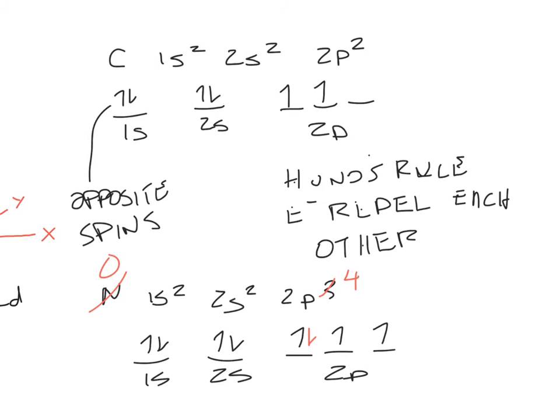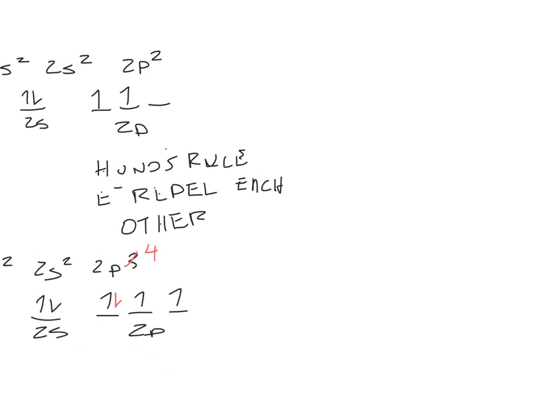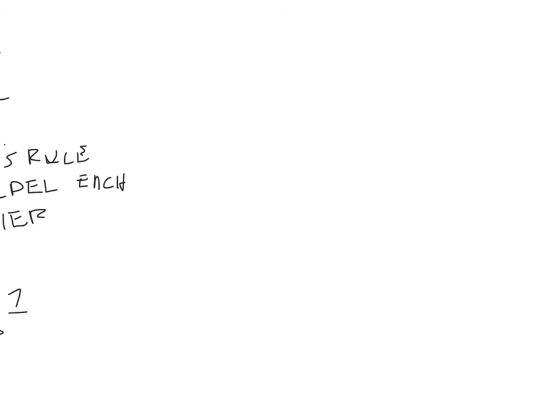This leads to the explanation for some exceptions to this principle. In the past, you actually had to memorize these exceptions. Now, I think you would only have to offer an explanation as to why the exception exists. So if I consider, I believe this is manganese.